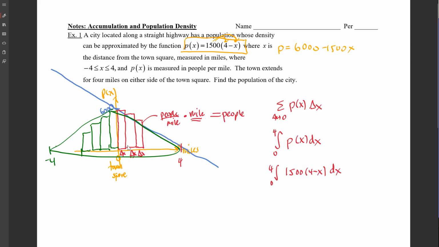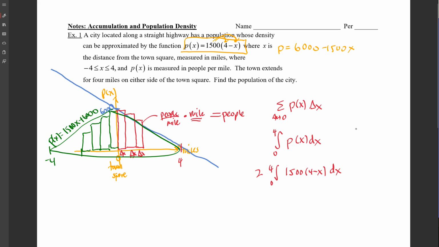So the best thing to do is actually take this integral and multiply it by 2. Another way to do this problem would be to get a new p(x) on this side. This p(x) over here would be the negative of the positive slope, so this would be 1500x plus 6000.